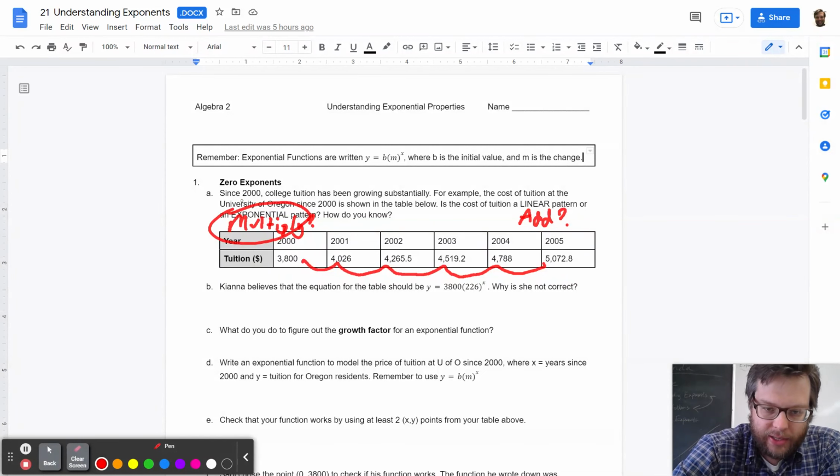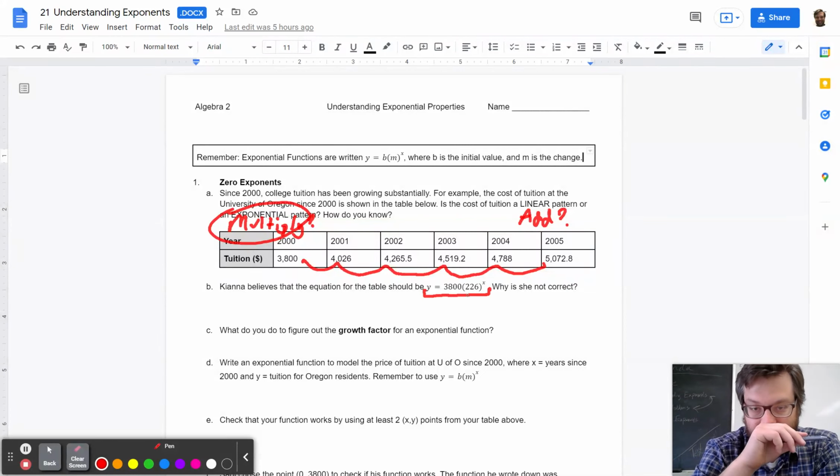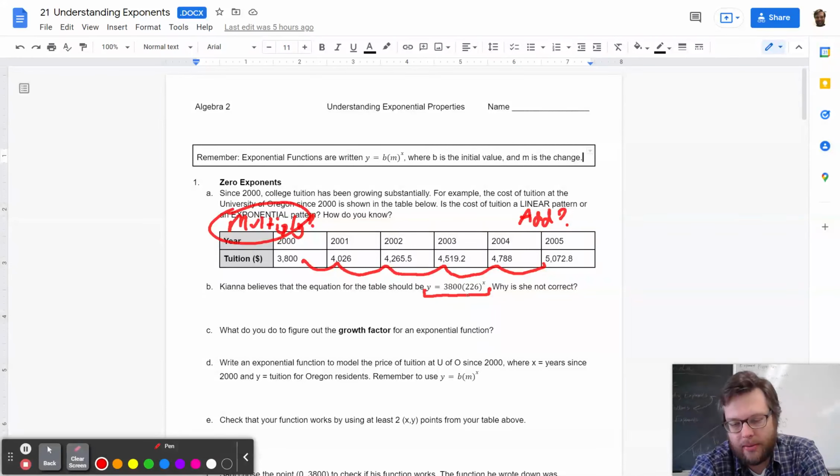Looking at Kiana here, Kiana in part B thought that the equation was y equals 3,800 times 226 to the x. That would be a pattern that starts at 3,800 and multiplies by 226 every time. I hope we can all see, if you look at the y values in our table, the tuition, it's not getting 226 times more expensive every year.